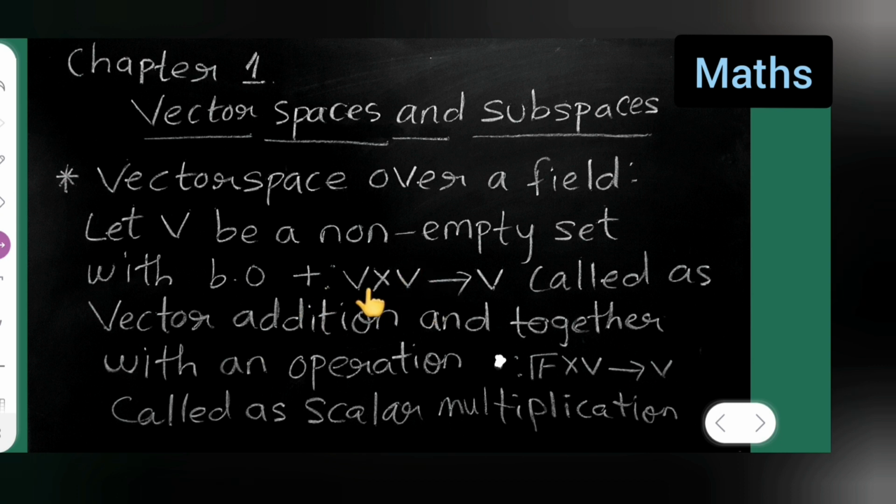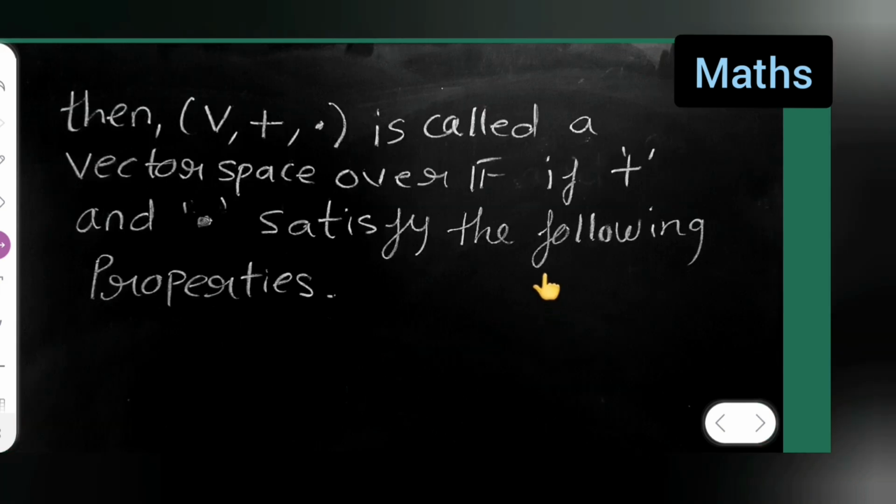Together with an operation dot, F cross V to V: when you multiply a field element with a vector, it will give you a vector, and it is called scalar multiplication.